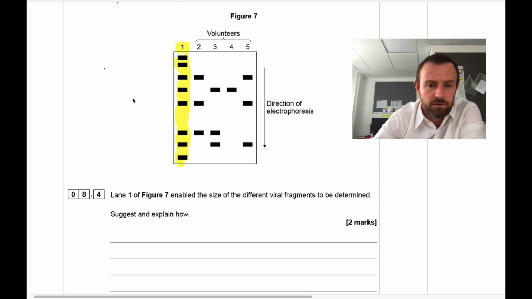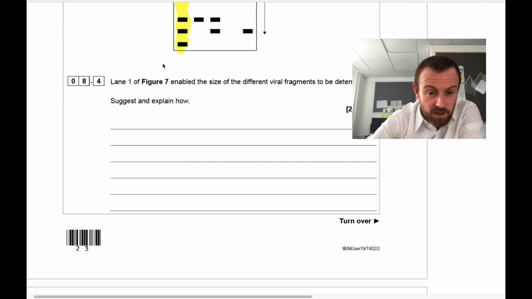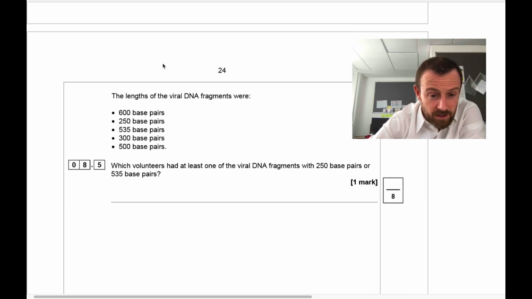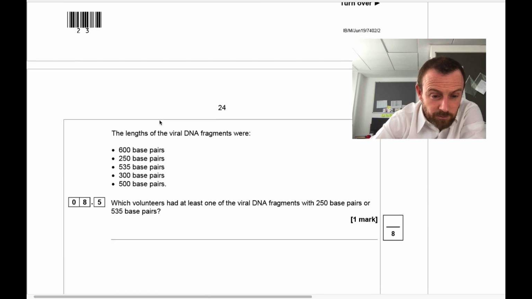605. This is weird. So this is 600. This is 535. What's the next one? Then it goes 500, and then 300. This is 500. This is 300. What's next? That's 250.